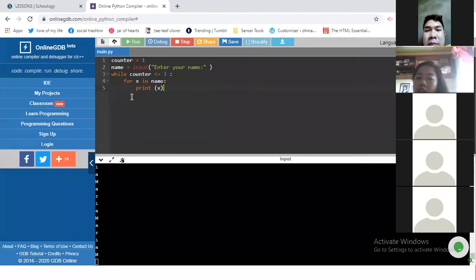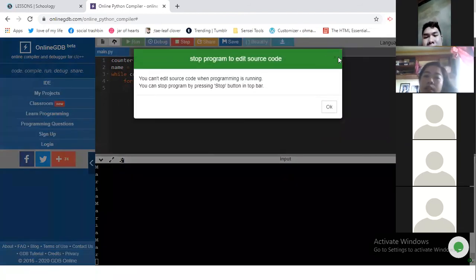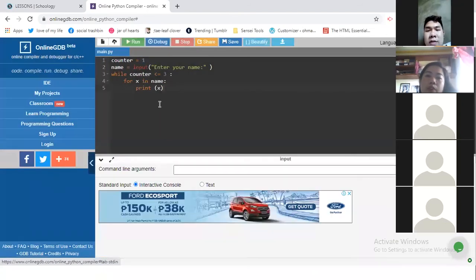Saan ko lalagay yung increment? Sa loob ng for o sa loob ng while? Loob ng while, ma'am. So, stop daw natin. The question is, saan lalagay yung increment?